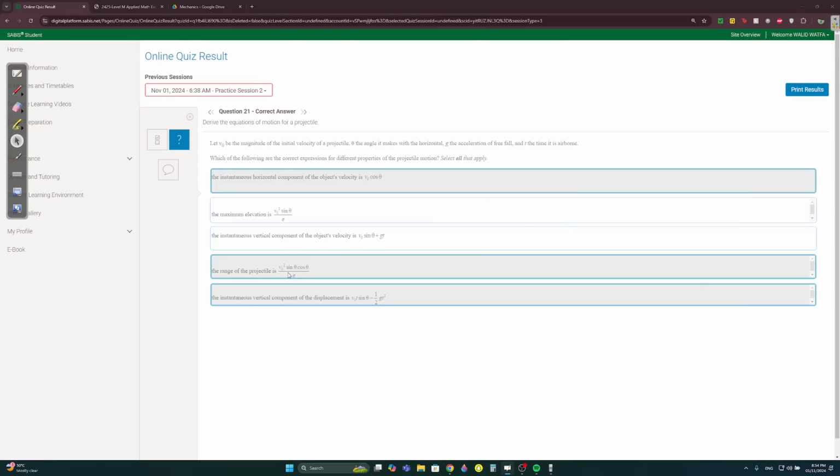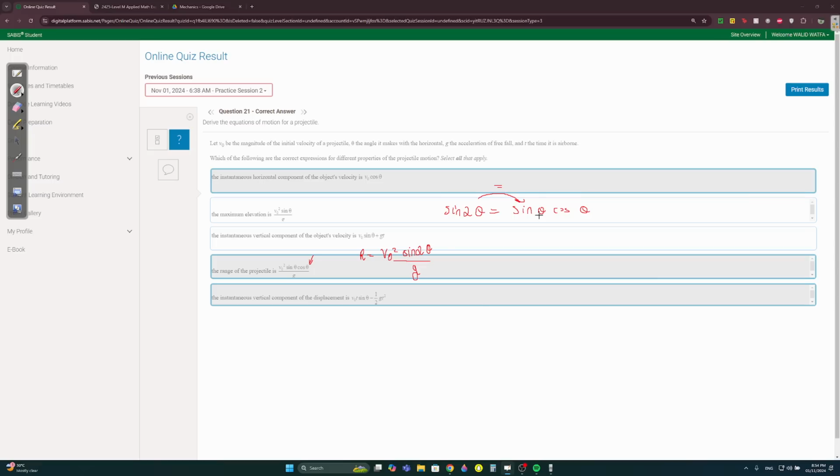The range is V node squared sine theta cosine theta over g. Here, many people will not pick this. The range we know is V node squared sine 2 theta over g. Now, look, sine 2 theta is equal to sine theta cosine theta. If you ever see this, they're equal to each other.